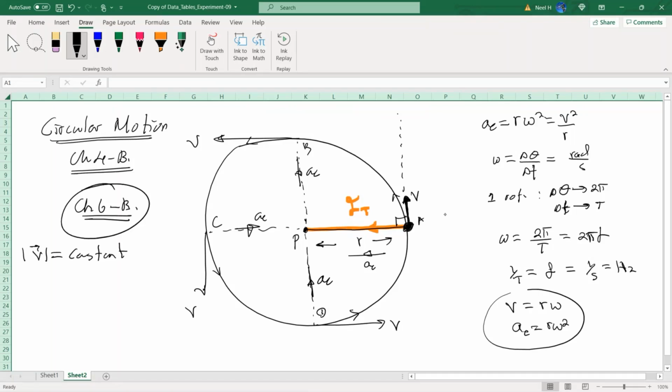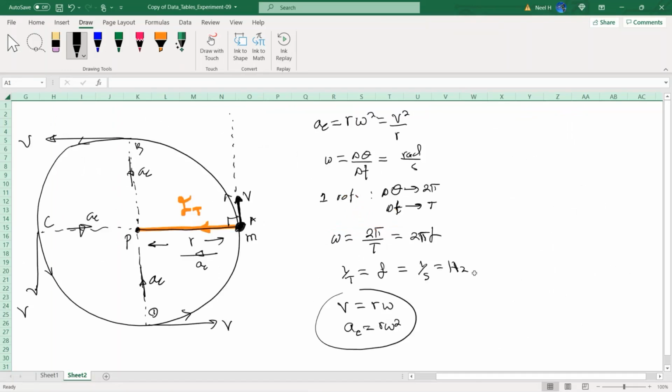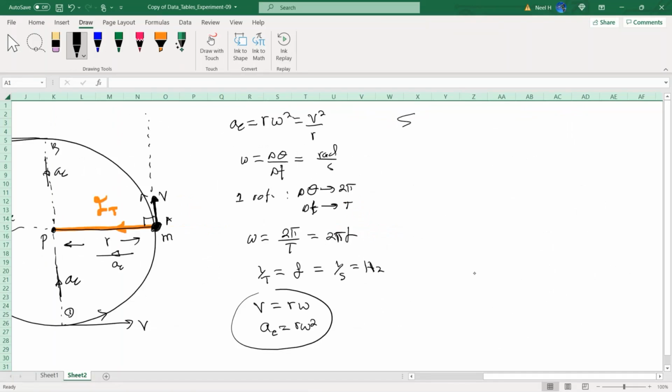Then in chapter 6b, we talk about a particle orbiting around this circle. The object has a mass, which means I can apply, for example, the sum of forces equals mass times acceleration at any given moment to this rotating object.